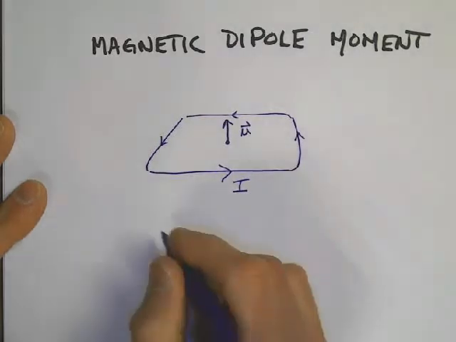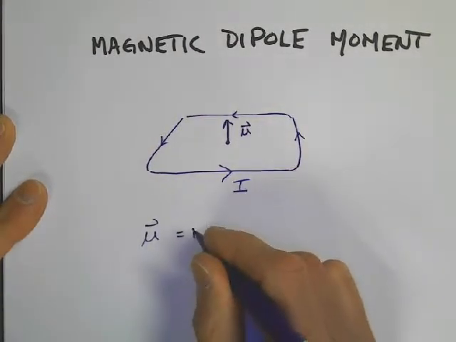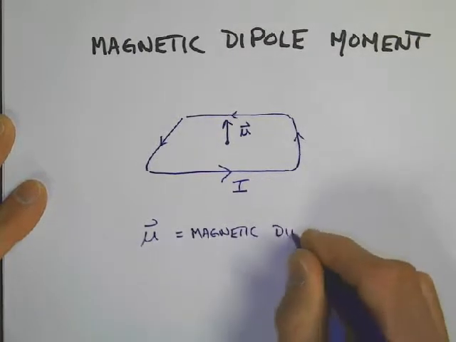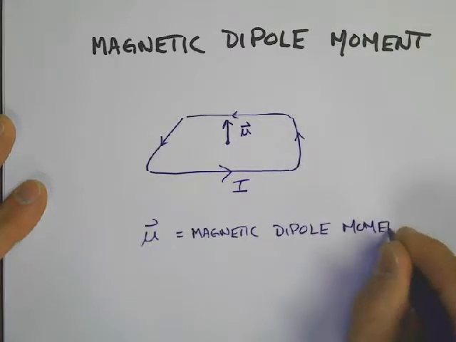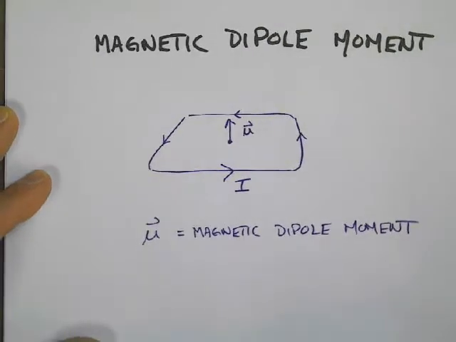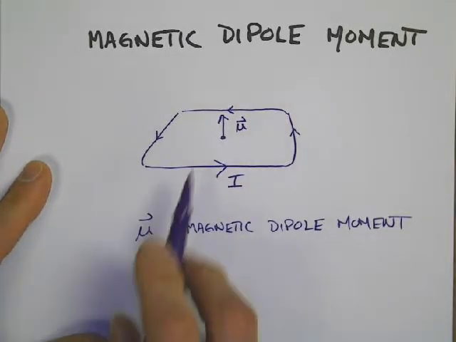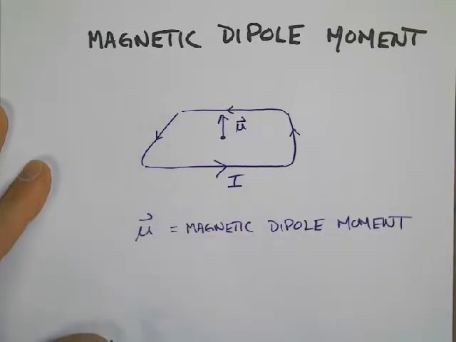Okay, so mu is the magnetic dipole moment.